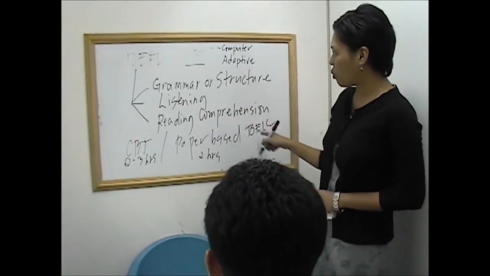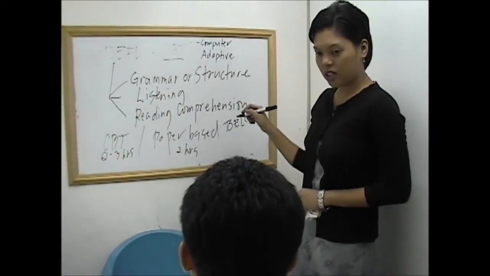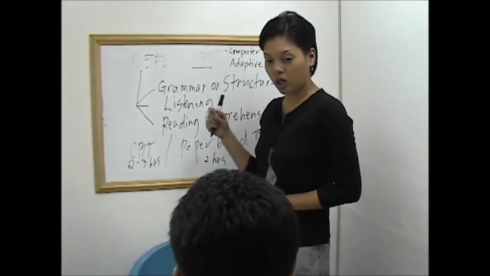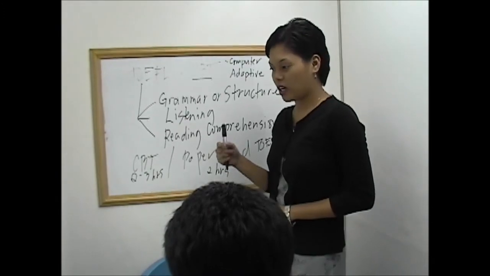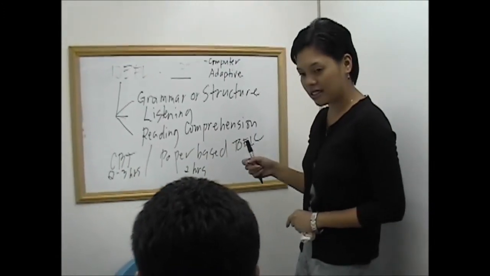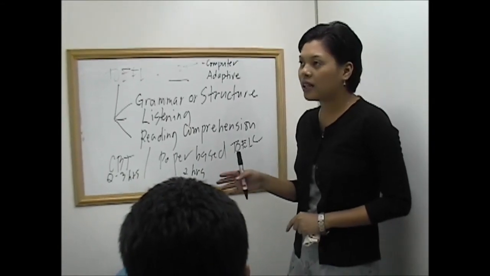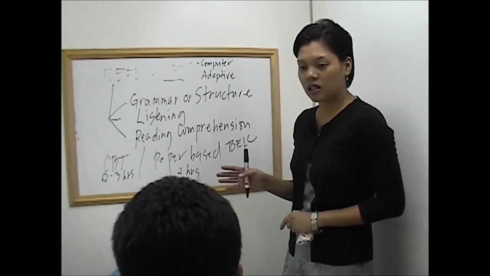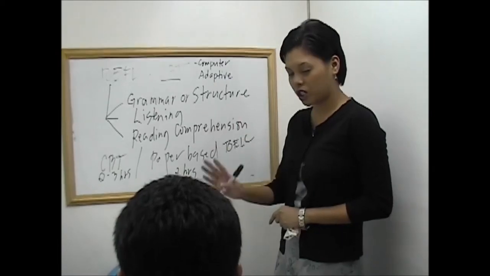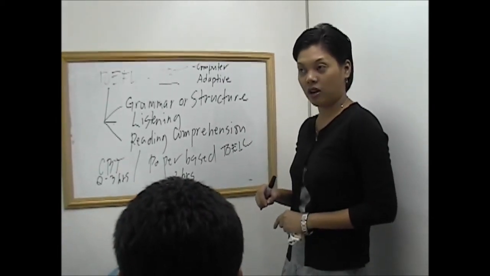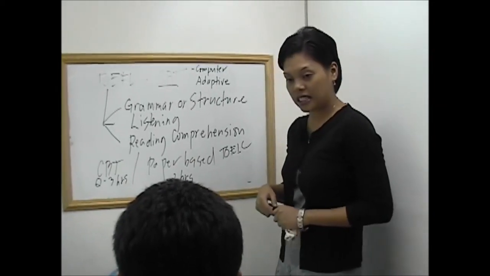So what is the difference between these two? Basically, they're both in English, but the difference is their focus. What do they test? Each of these tests is specialized and standardized to test the proficiency of the test taker, whether they're okay or not, whether they're able to survive the academe or not.